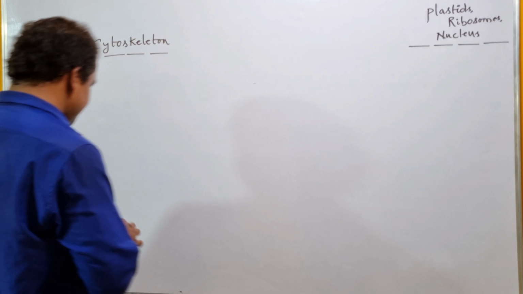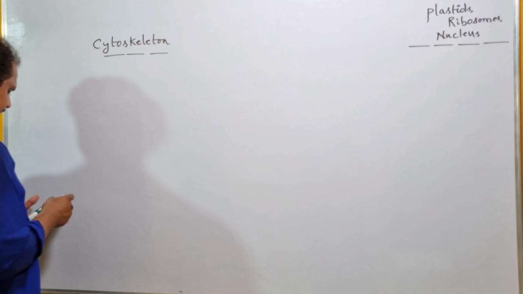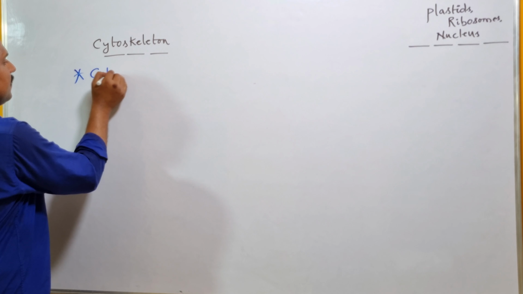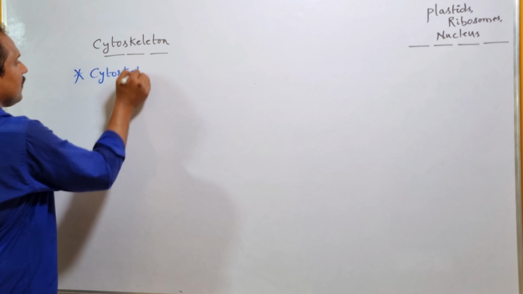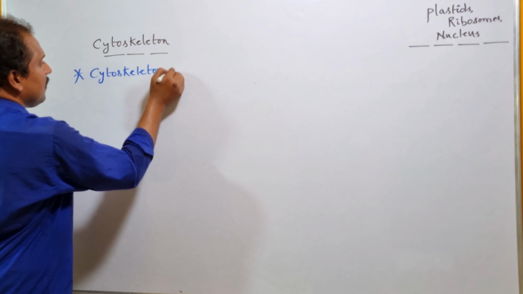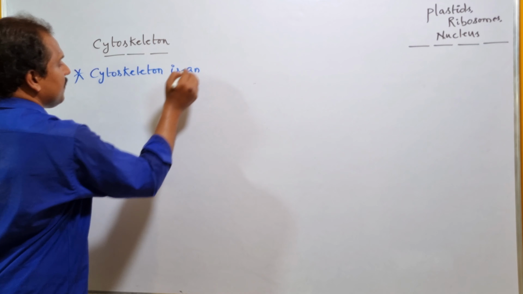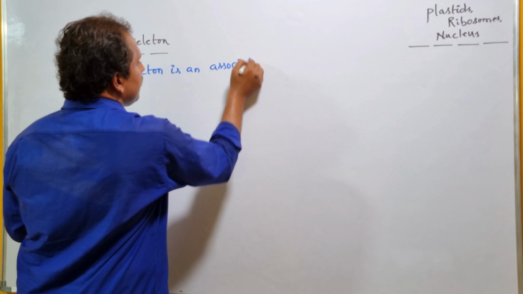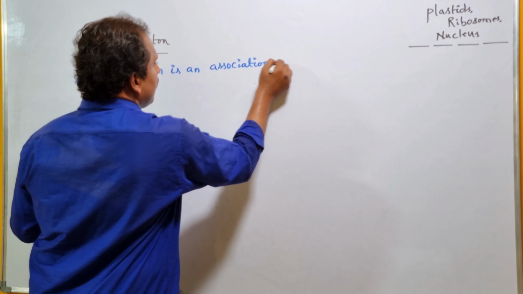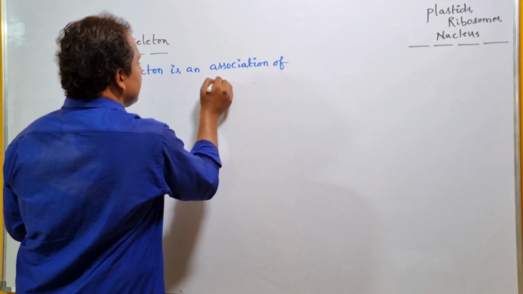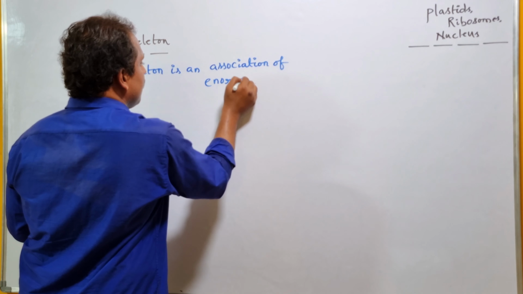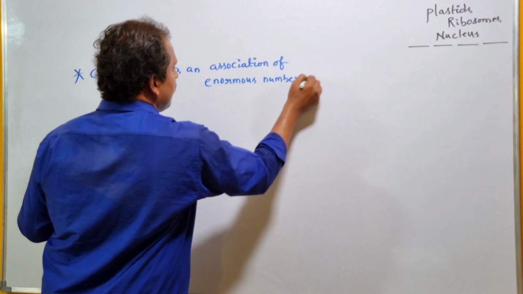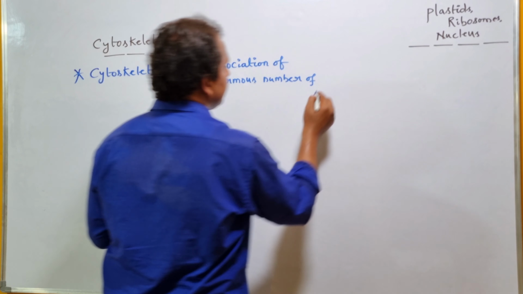So let me write it here. Cytoskeleton is an association of an enormous number of proteinaceous filaments.